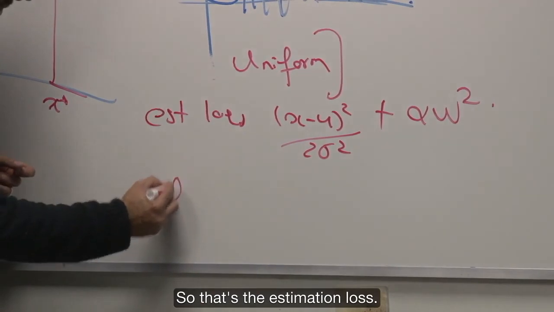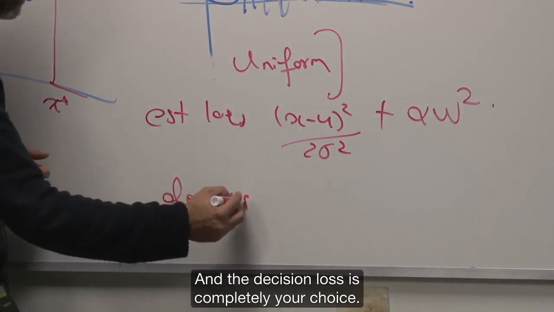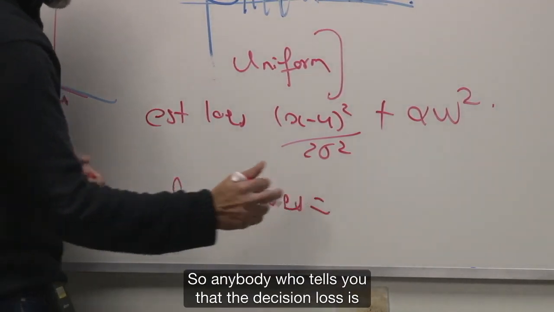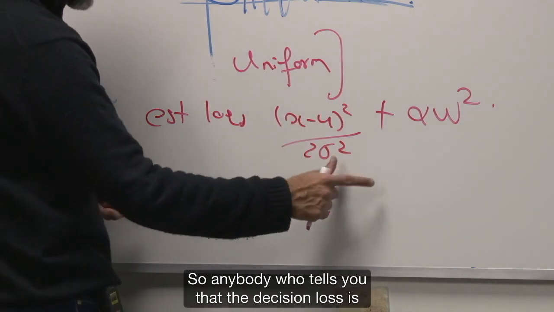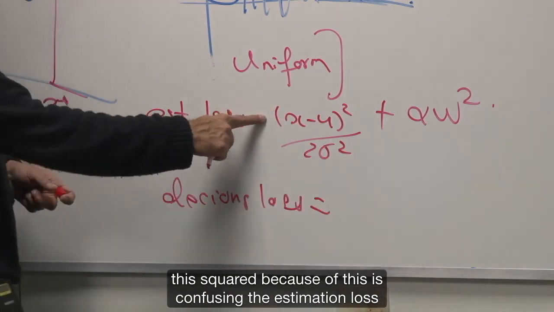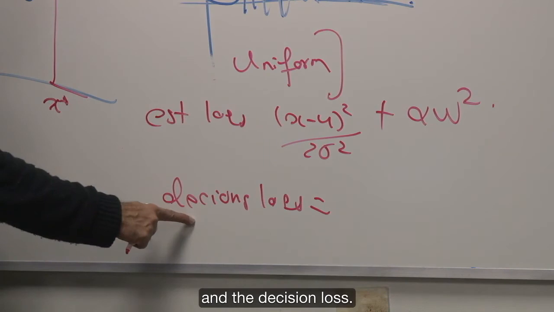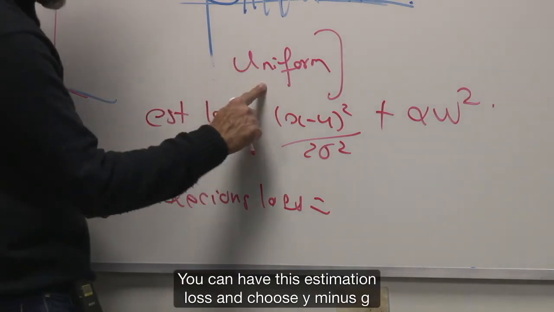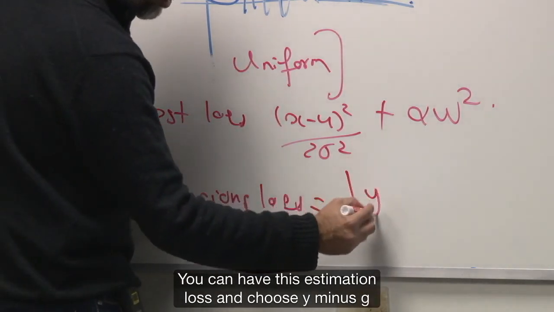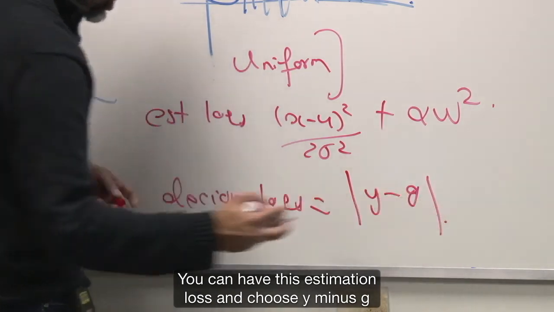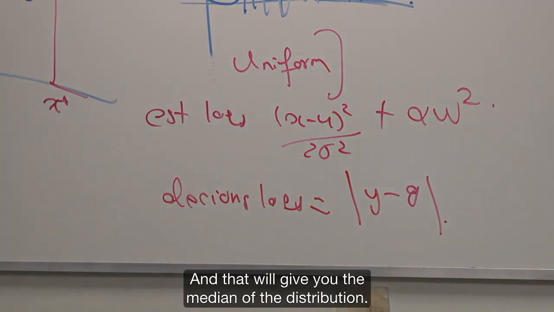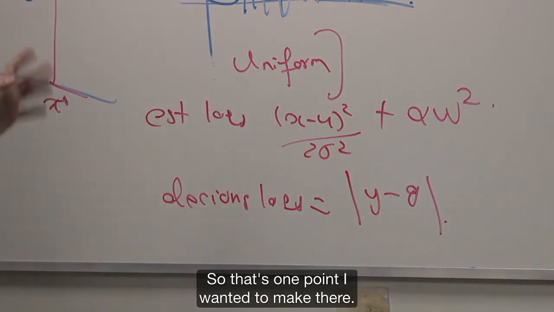So that's the estimation loss. And the decision loss is completely your choice. So anybody who tells you that the decision loss is the squared loss because of this is confusing the estimation loss and the decision loss. You can have this estimation loss and choose y minus g as your decision loss, and that will give you the median of the distribution.